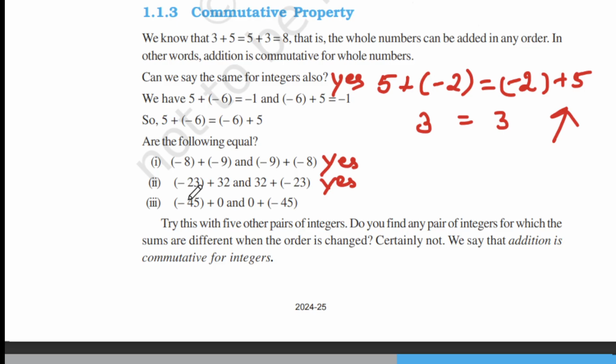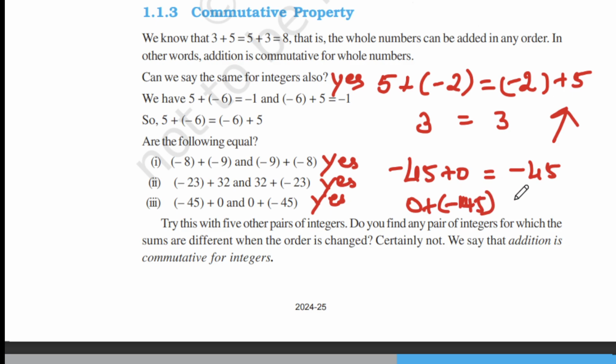So last one, minus 45 plus 0 and 0 plus minus 45. Yes, it is also the same, because minus 45 plus 0 is equal to minus 45, and 0 plus minus 45 is also minus 45. So these both are the same.